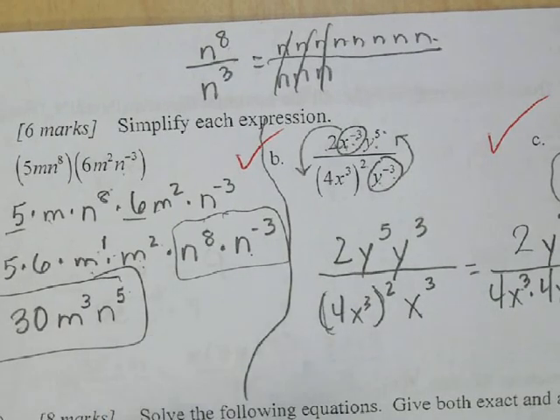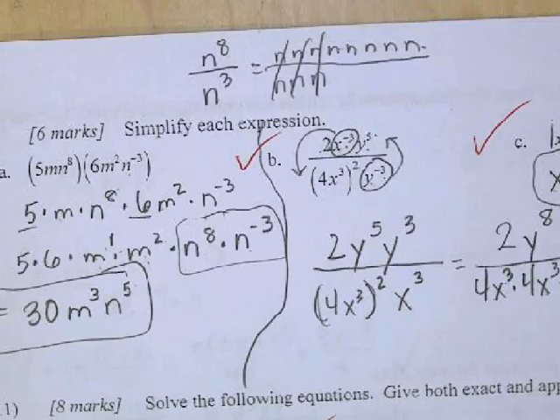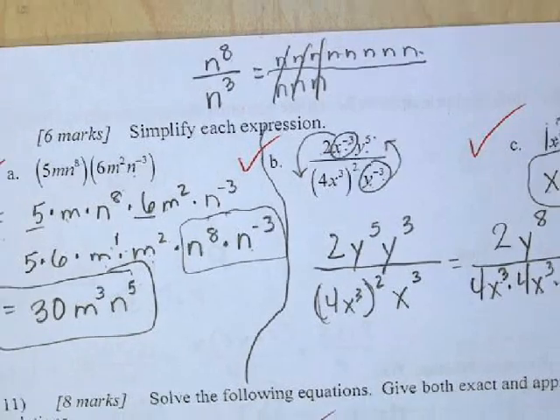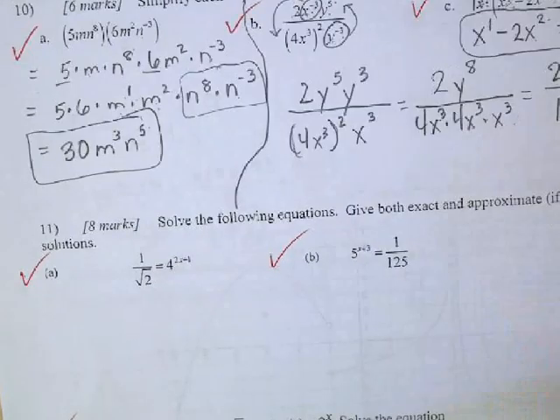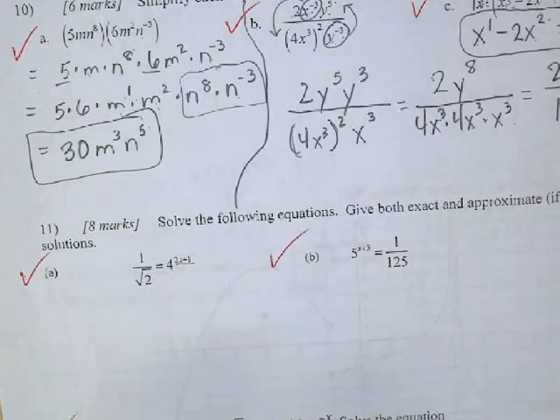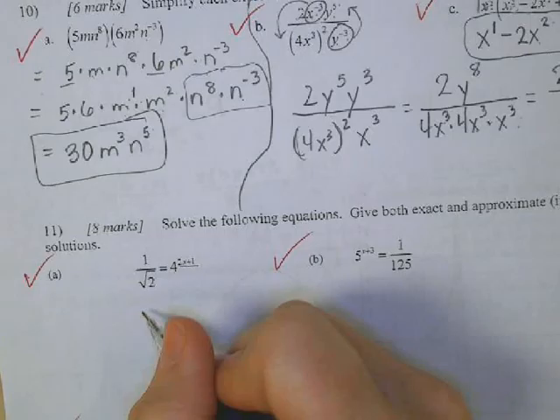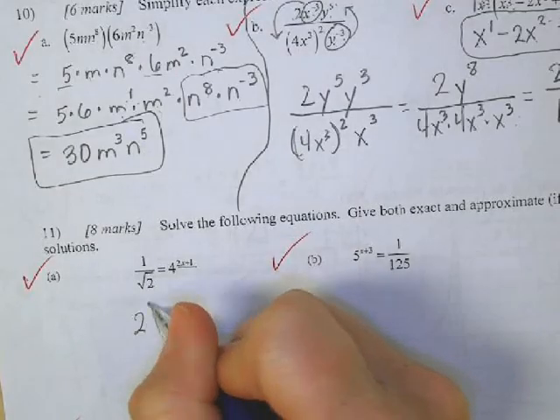All right, next one, solve the following equations. So I have 4 raised to this equals 1 over the square root of 2. Can I rewrite this with an exponent? I think so. The square root of 2, another way of writing that is 2 to the 1/2.